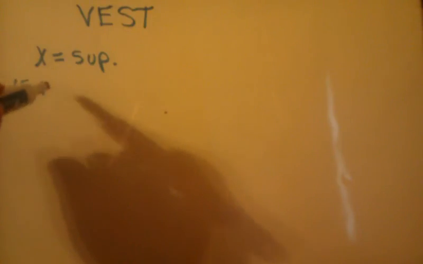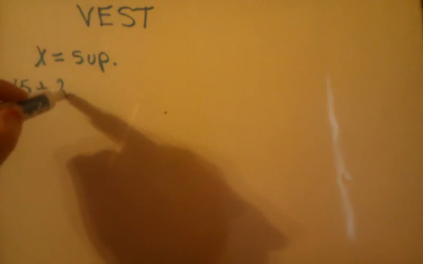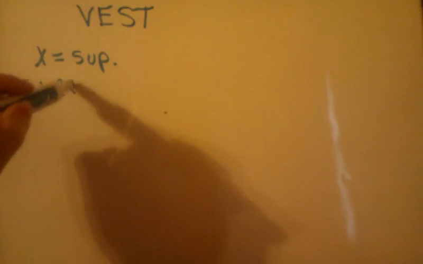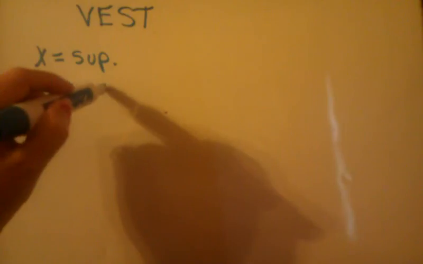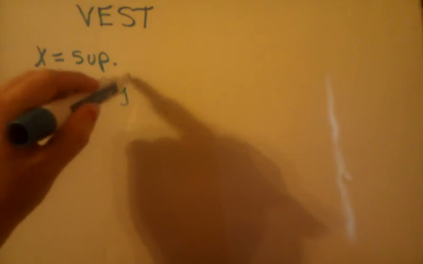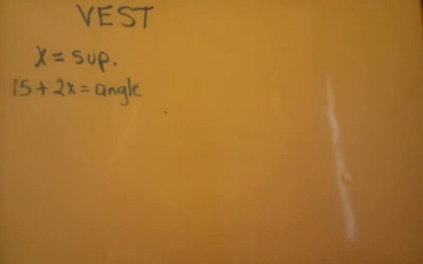Okay, now if x is the supplement, what is an angle? An angle measures 15 degrees more, so that's going to be plus, then twice means 2 times its supplement. The supplement is x. So this is an angle. Find the measure of the supplement. Okay, what is supplement?